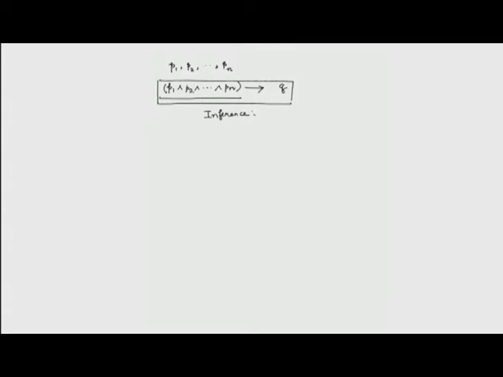We can write this also in another form, which is writing the Pi's one below the other in a list, and then writing a horizontal line and then writing therefore Q. Both these notations will mean the same thing.